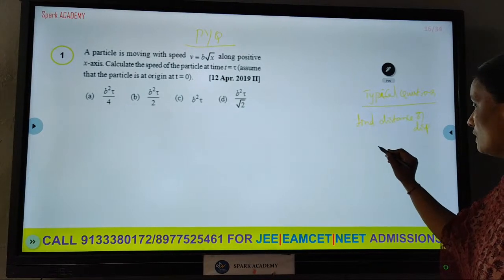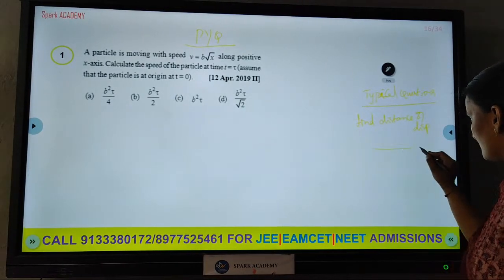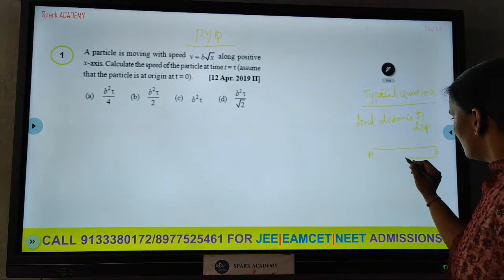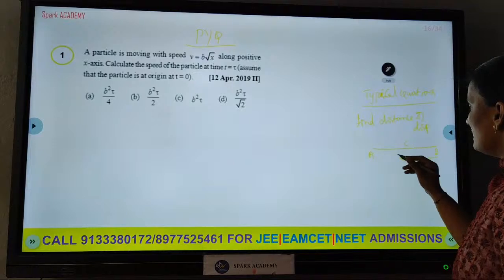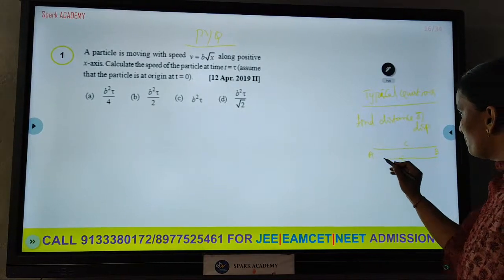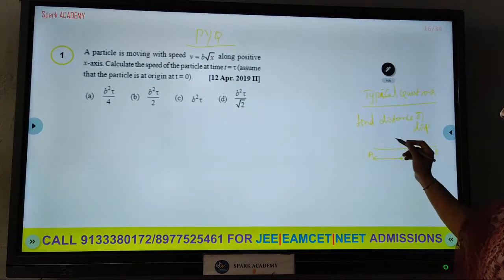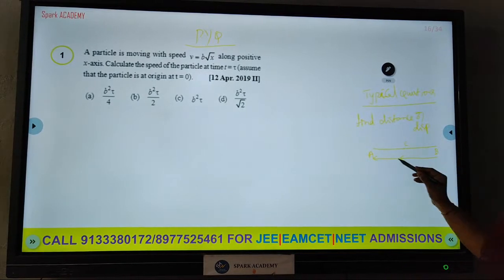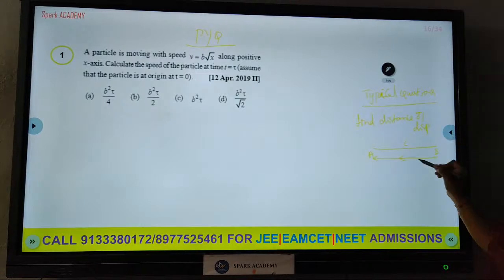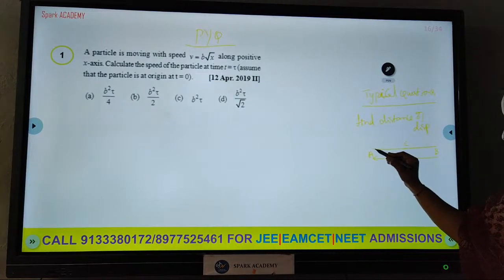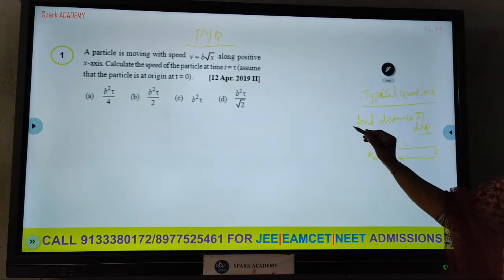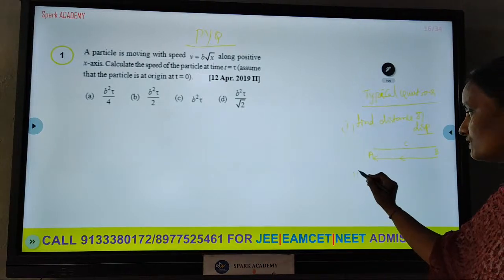For example, an object travels from A to B and again reaches point C, or it reaches point A. In this case, if they are asking the distance, you need to take the actual path length. If they are asking displacement, in this case it started from A, reached B, and came back to its initial position, so displacement will be 0. Those types of questions you have to concentrate on.